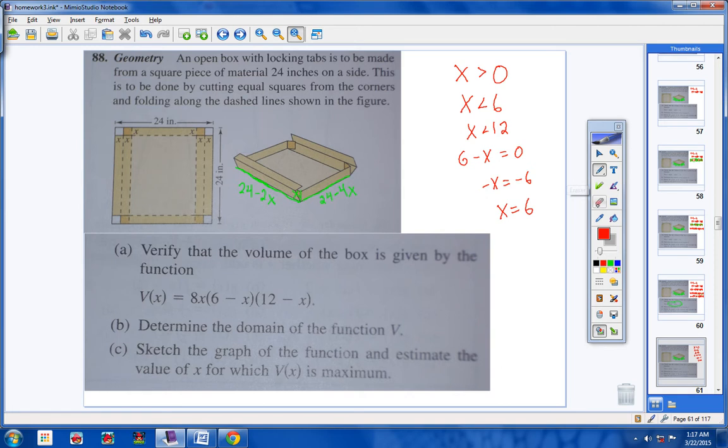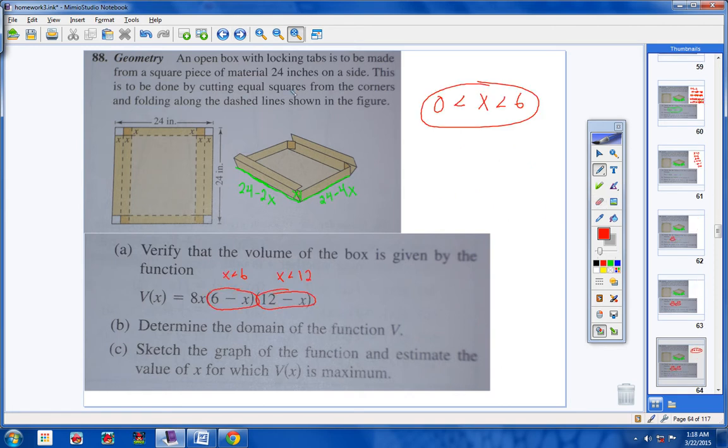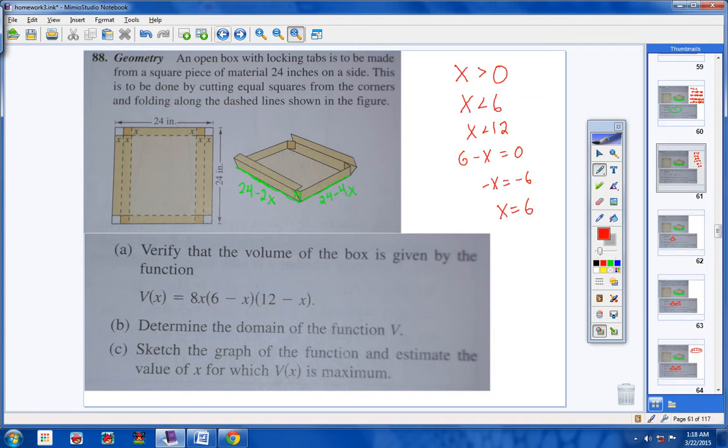So with that in mind, what is the domain going to be? Well, look. Let's go back a couple pages here. We have to have a domain where all three of these agree, okay? So we know x is greater than 0, fine, here's 0. X has to be greater than 0.